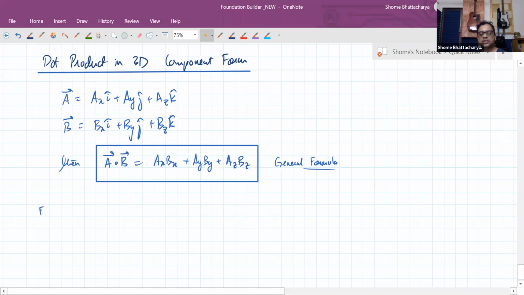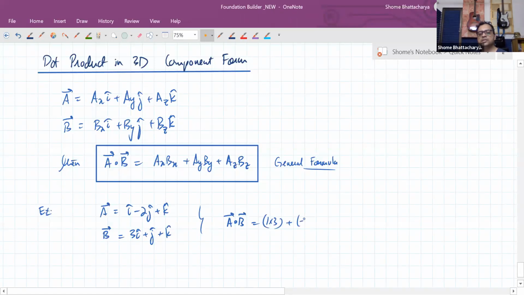For example, you can see that E dot B will become 1 into 3 plus minus 2 into 1 plus 1 into 1. That's 3 minus 2 plus 1.